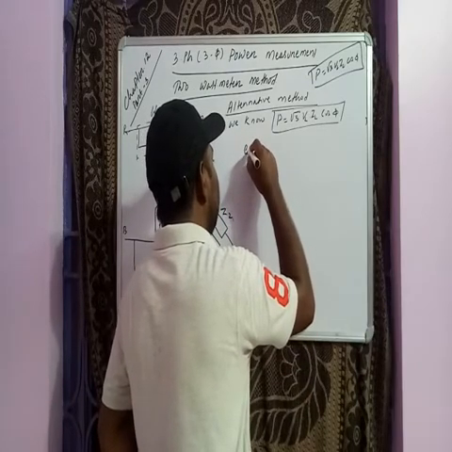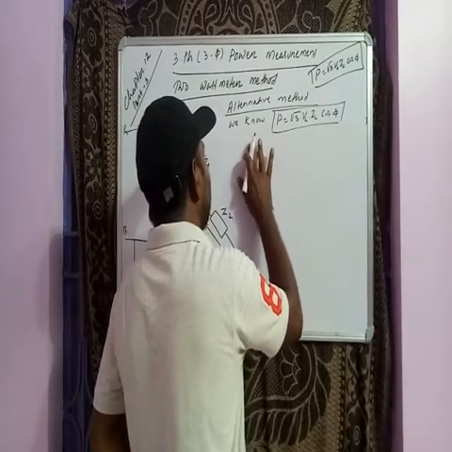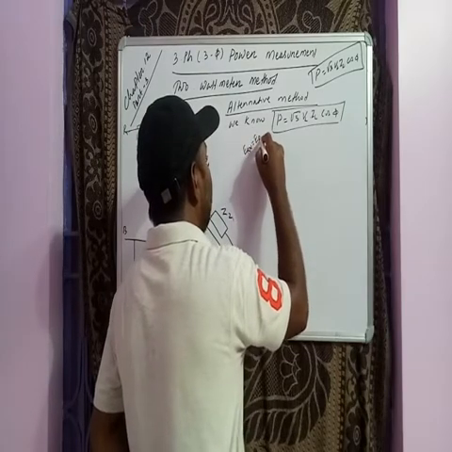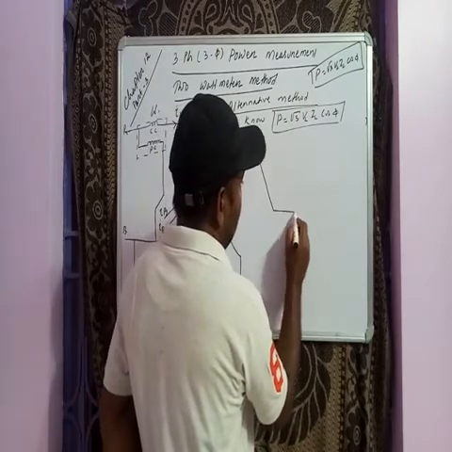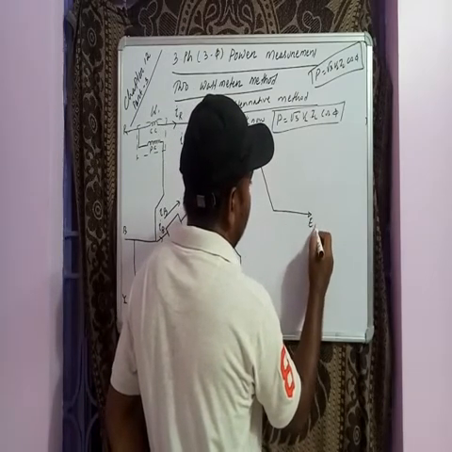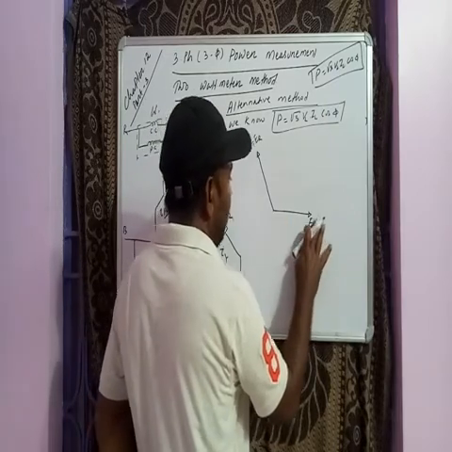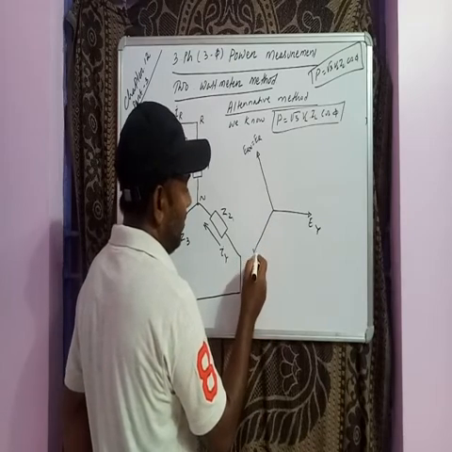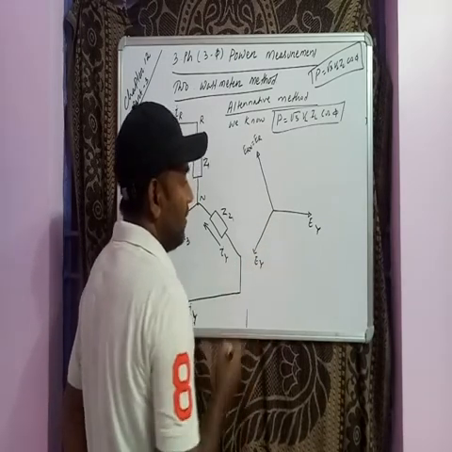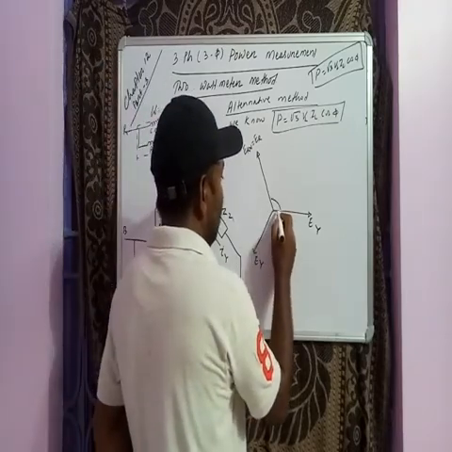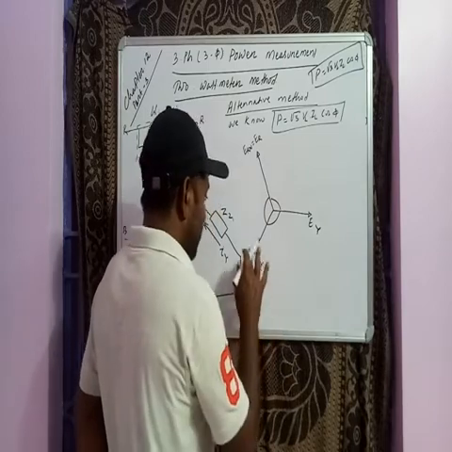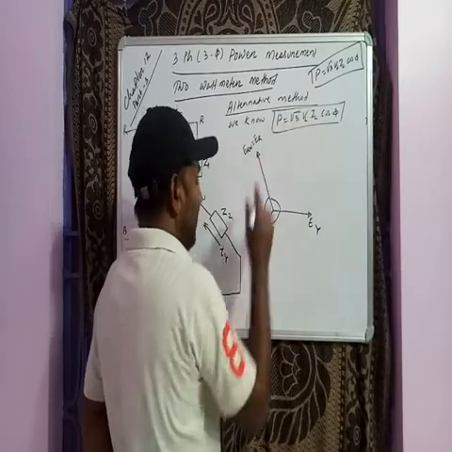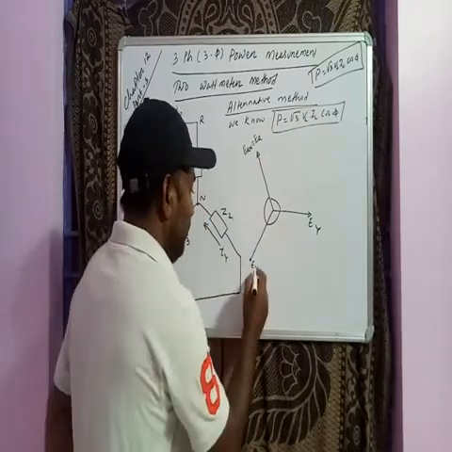It is ER, better you take it in ER only. Then 120 degree EB, EY. Then another 120 degree. So this is 120, 120, 120. So to prove this, your phasor diagram will help you.